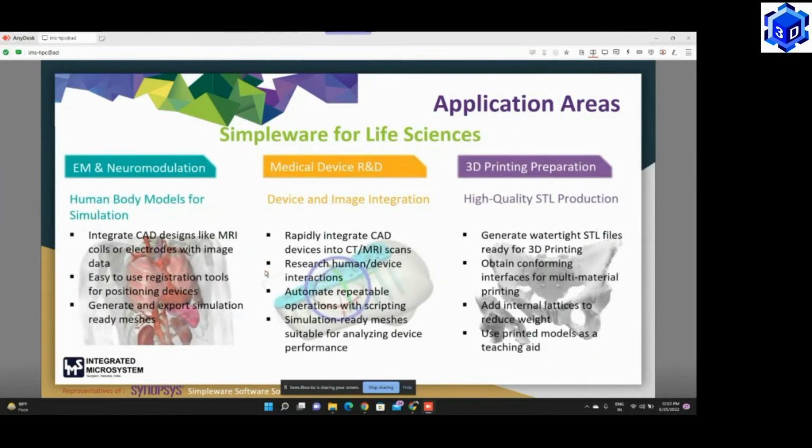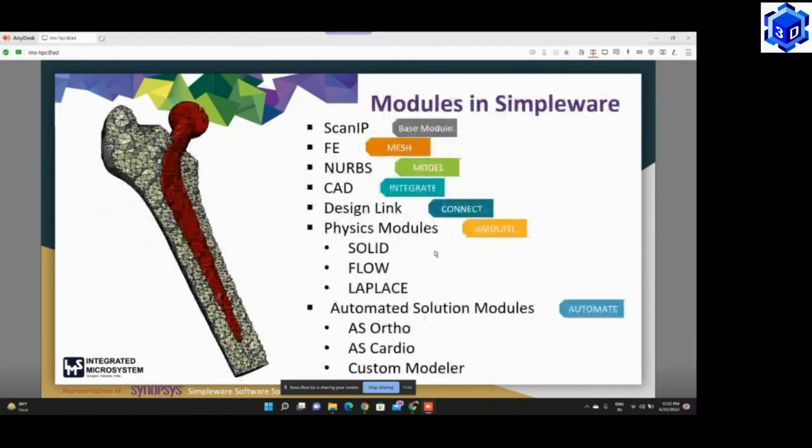These are some of the more application areas: EMN, neuromodulation, medical device research and development, and 3D printing preparation. You can produce high quality STL. Inside Simpleware, there is a separate section for 3D printing that I'll show you in the live demonstration, which allows you to export any model in the STL format. These are some of the modules in Simpleware. It supports finite element meshing.